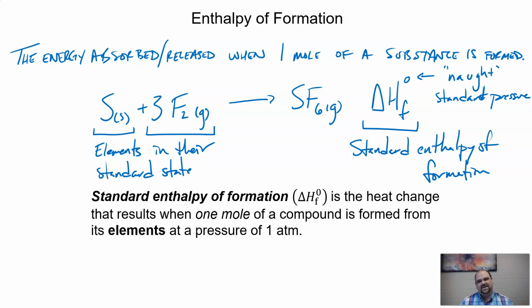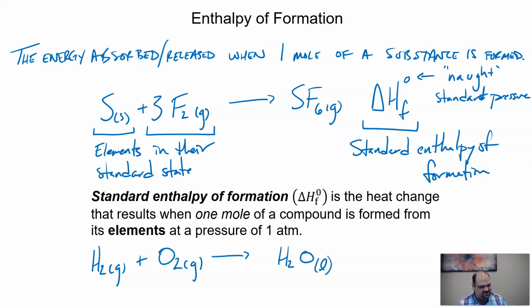When we write these delta HF reactions, these formation reactions, this is where we have to use fractional coefficients occasionally. And so, for example, if I want to make water, well, it's got to be some hydrogen, which is a diatomic gas, some oxygen, which is a diatomic gas, and we're going to make H2O, which in its standard state is a liquid.